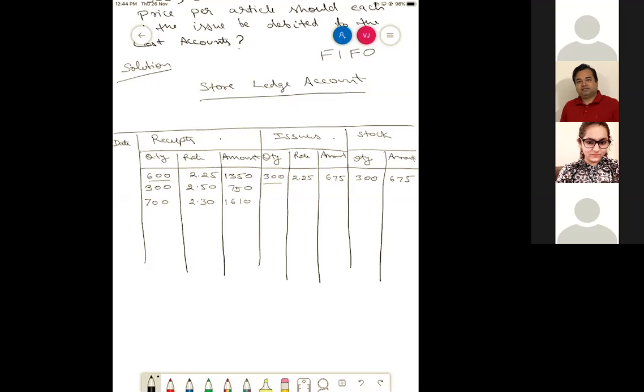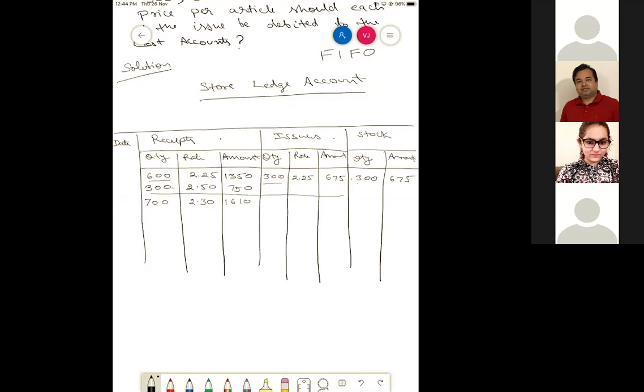Then in this column, what do you see? Now the balance is 300 plus this 300 plus this 300. Earlier we were having 300 units.